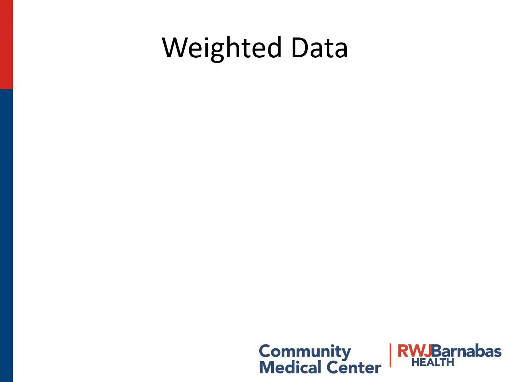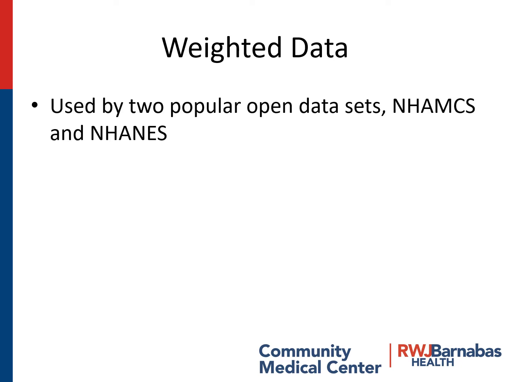All right, so the big takeaway of the NHAMCS data set is, well, not the big takeaway, but when you're actually wrangling with the data set, you have to always remember that it is weighted data. So what is weighted data? It's used by other data sets, including the NHANES.